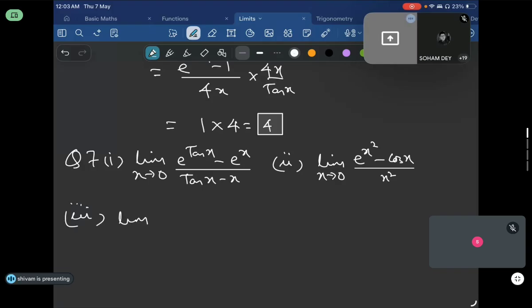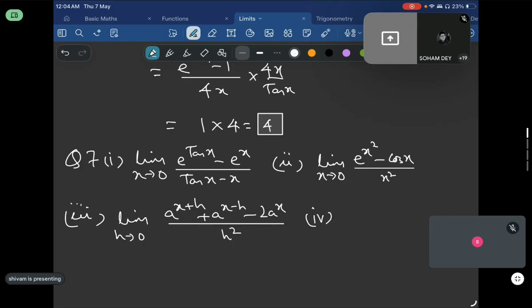Limit h tends to 0, a to the power x plus h plus a to the power x minus h minus 2a to the power x upon h square. Part 4. Okay, everyone solve these three parts.